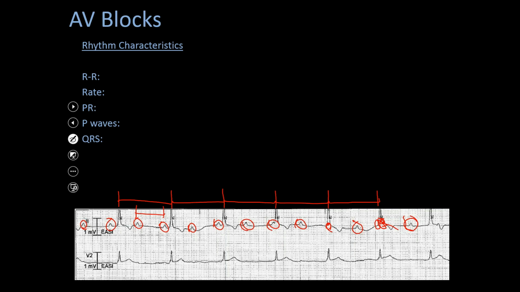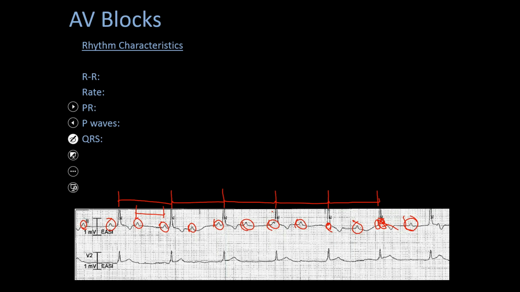So it's about 100 beats per minute. It's pretty normal. So this looks like third degree AV block. So let's see what's our ventricular rate? 2, 3, 4, 5. So there's 6 large boxes between R to R's. So 6 large boxes, 300 divided by 6 is 50 beats per minute.